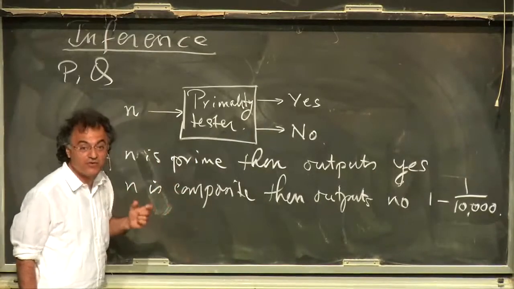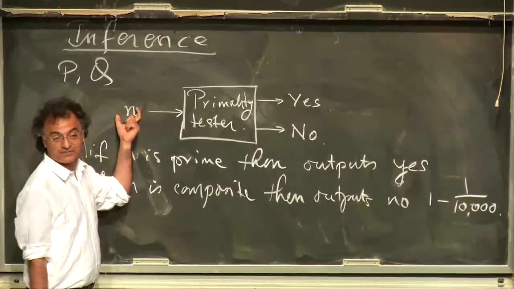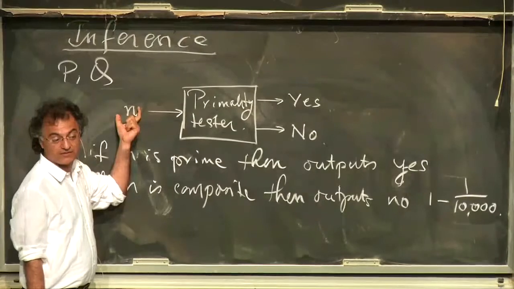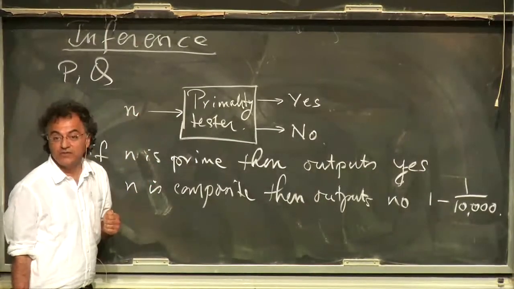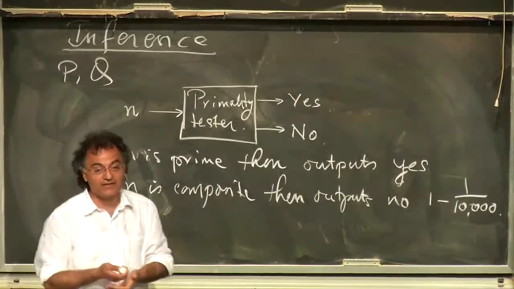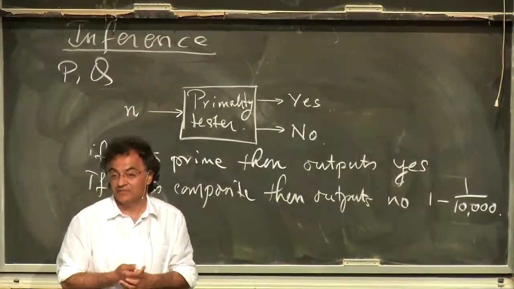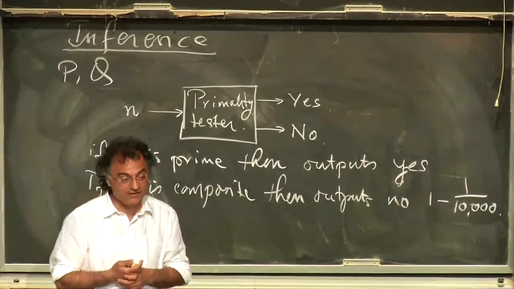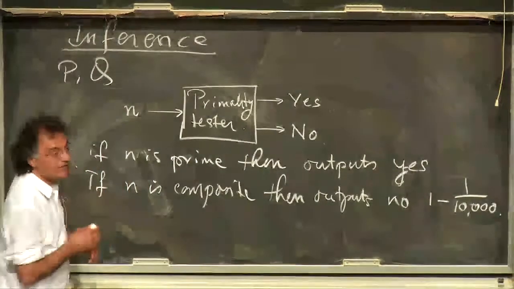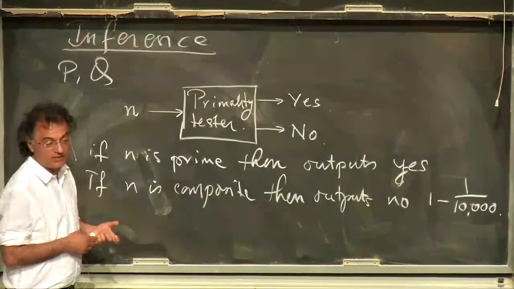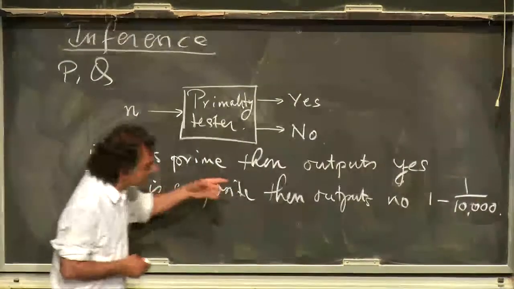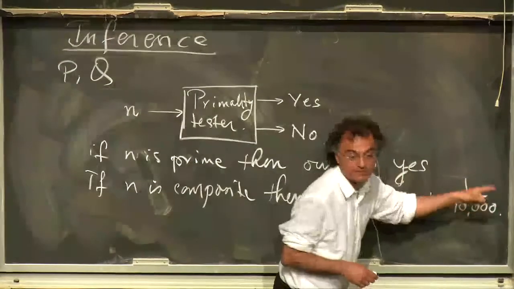The question you want to know is, is n prime or not? You input a number n, and you want to know with what probability n is a prime. Let's say you want to be 99.9% sure that n is a prime. Can you be sure if this is the case?